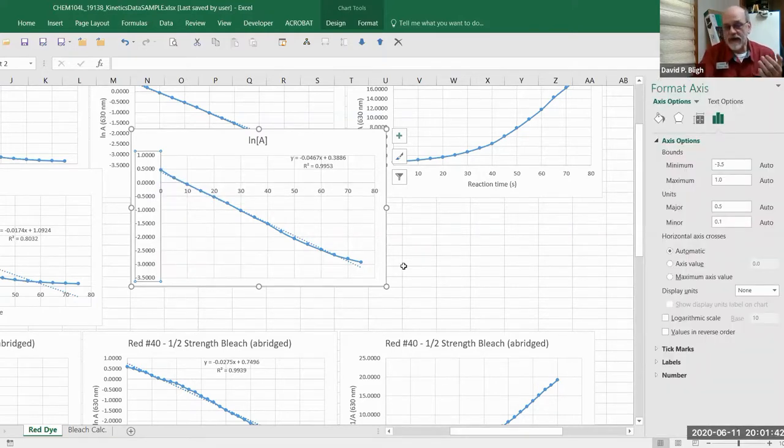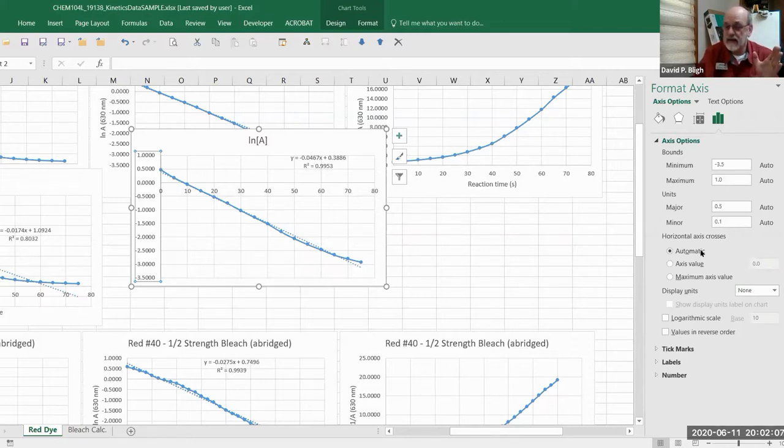And when you format the axis, you go down and select where does it, hold on a second. Horizontal axis crosses. Where does the horizontal axis cross the vertical axis? We highlighted the vertical axis.